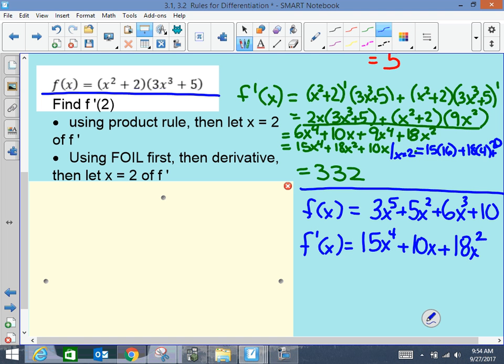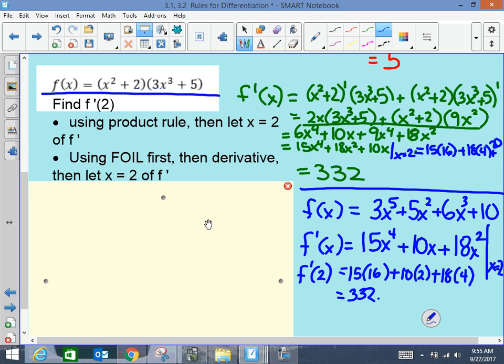Now we want to let x equals 2, so start your little bar here, like the calculator has, x equals 2, and plug in. So now we're talking about f prime of 2, if you will. 15 times 16, these are the same numbers I got above. So 10 times 2, which is 20, and 18 times 4, which we already know is 332 because I threw it in the calculator.